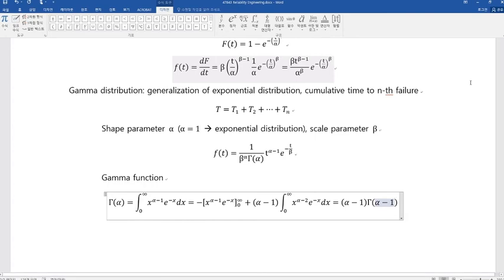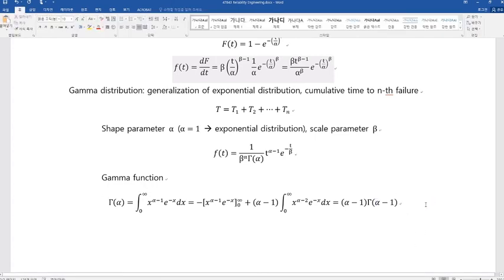So with this relation, the gamma function of alpha equals alpha minus 1 times gamma of alpha minus 1. In other words, this is a very unique property of the gamma function.